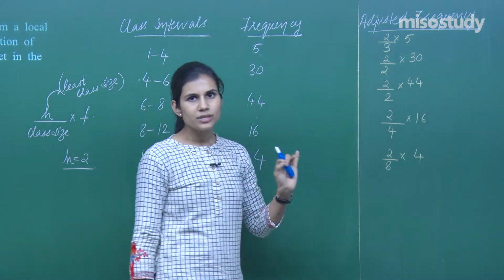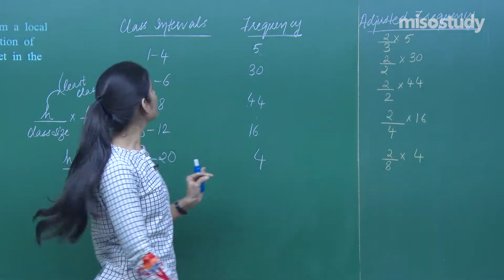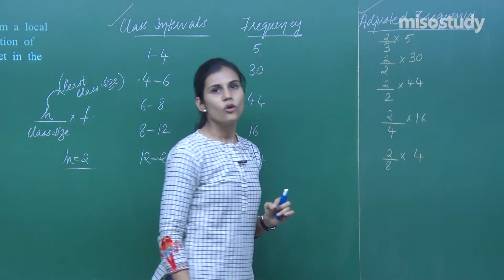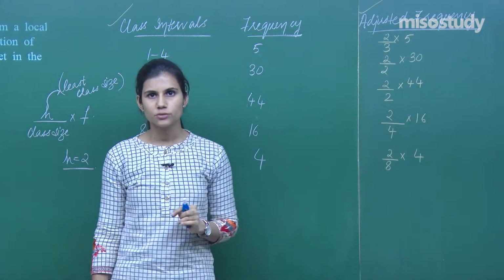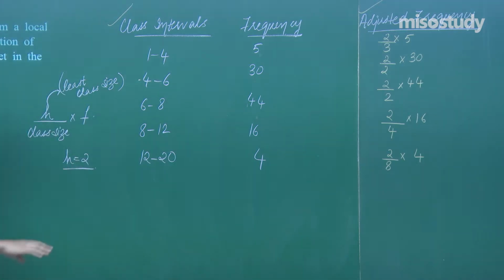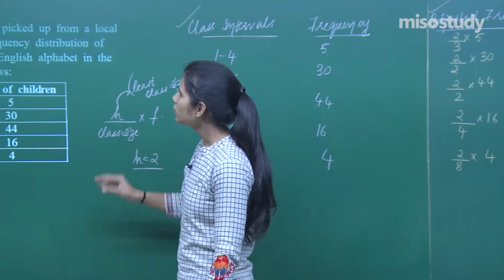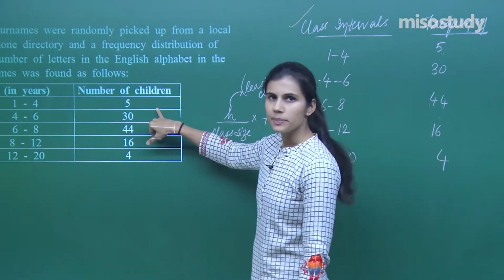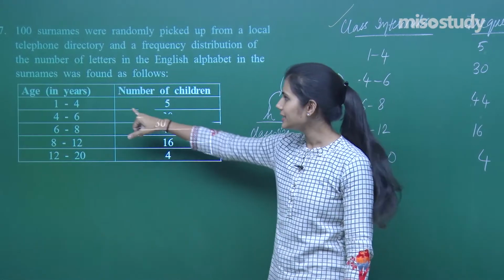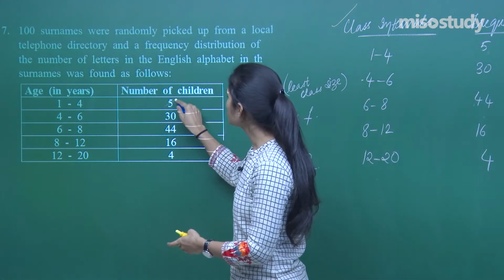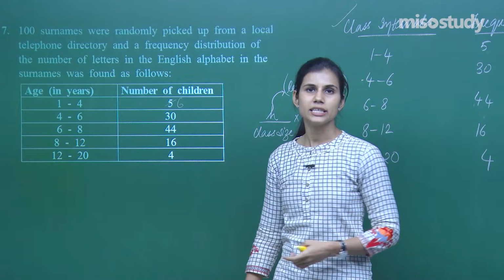Find out the adjusted frequencies quickly and try to draw the histogram with the help of the first and the third column and see what the histogram is trying to tell you. Okay guys, so I hope you have evaluated the frequency, but let me just tell you, if 100 surnames were evaluated and the data was collected corresponding to 100 surnames, this is going to add up to 100. Just make 5 as 6 and now the data is correct.